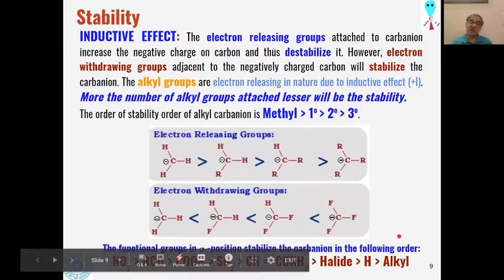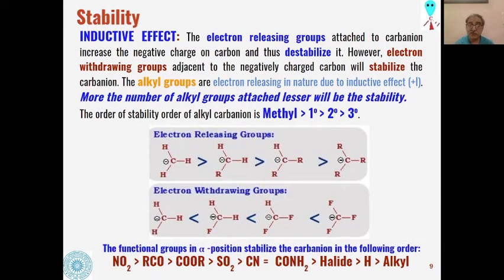And as per the different functional groups present at the alpha position, the stabilization of the carbanion will follow this order. Nitro will be the most stable because nitro has the highest electron withdrawing effect, then keto group, then ester group, then SO2 group, then cyano group, then amide group, then halide group, then H, and then alkyl.